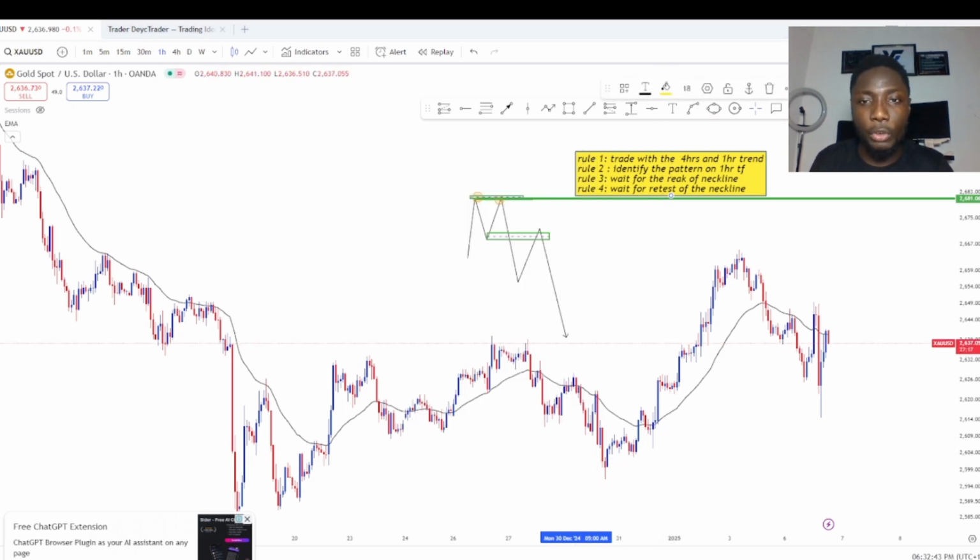I'm sure a lot of you have heard what retest means. Retest is just very simple. It means that price is going back to the level of the support or resistance that was broken. So this neckline was broken, you can see clearly, and now price is going back to that place.